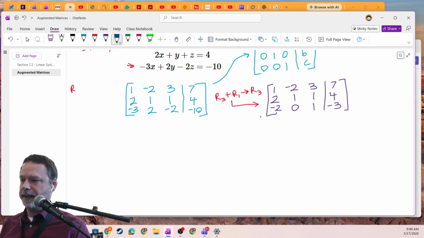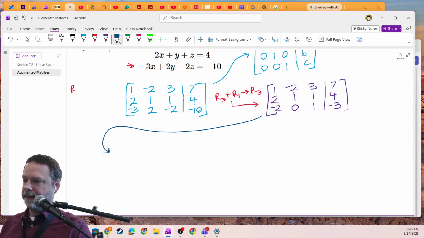So now what I want to do is I keep doing this. I'll do one more operation. What I really want is to get these to be zeros. I got a 1 here, so it's easy to get these zeros. I could just say multiply the top one by negative 2, and add to the middle, and this will be a 0. So negative 2 times 1 is negative 2.